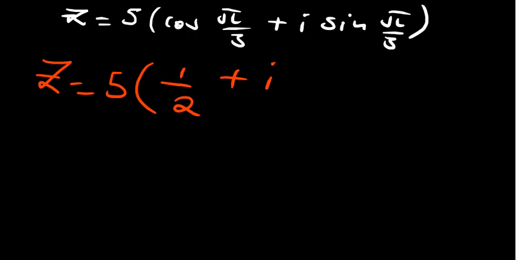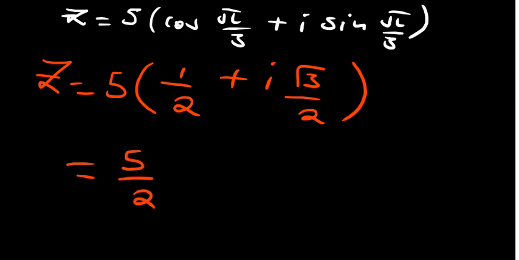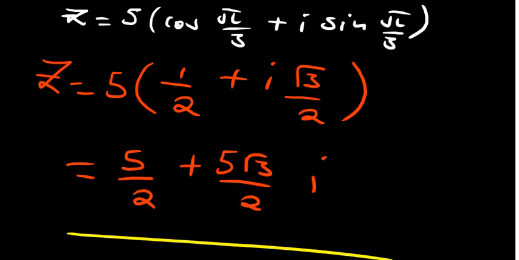Sine 60, or sine pi over 3, is the root of 3 over 2. At that point you can multiply, so you have 5 over 2 plus 5 root 3 over 2 I. So we've expressed it in the form a plus ib.